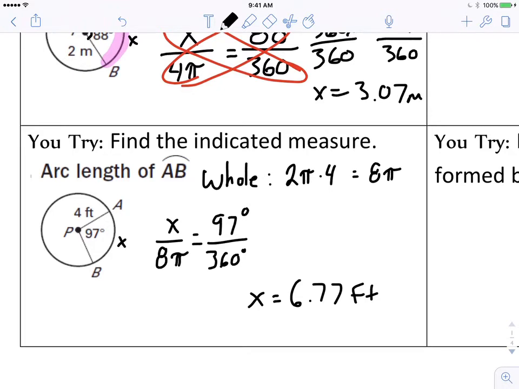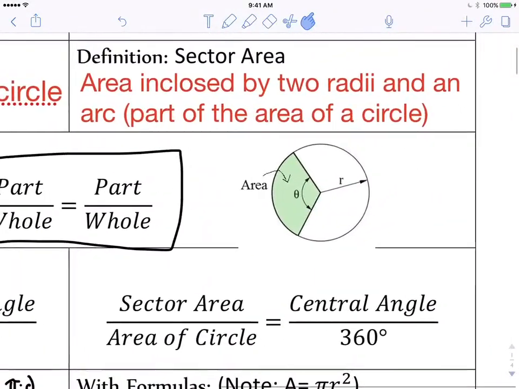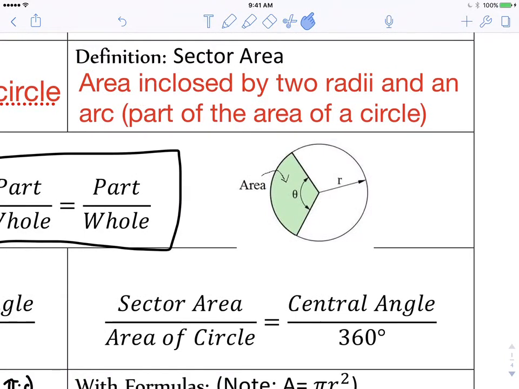Alright, so a pretty general formula because it works for both sides. When we go back up to the top, we'll use that same thing. Sector area is just an area defined by 2 radii, and now we're connecting the two. So we're trying to find that green shaded area.